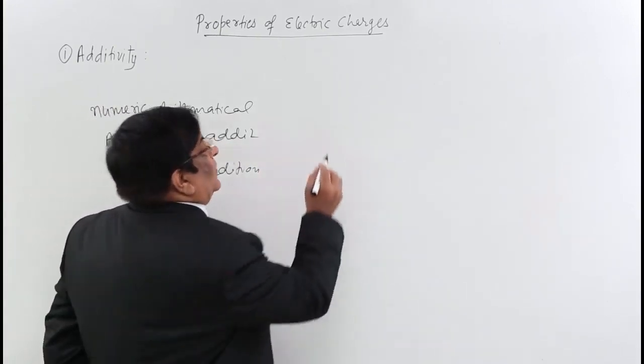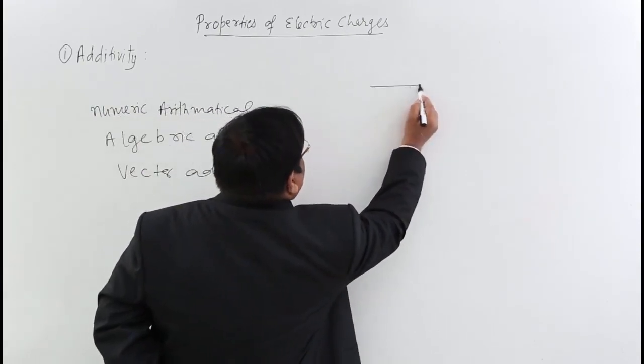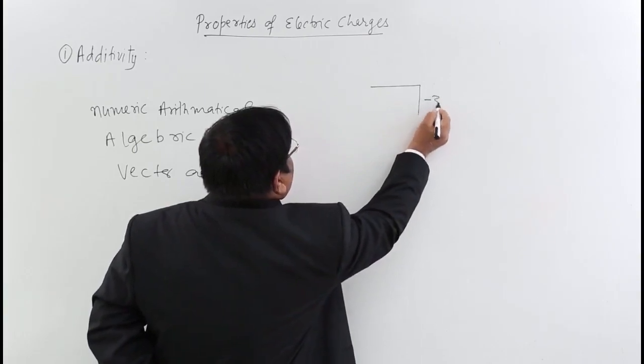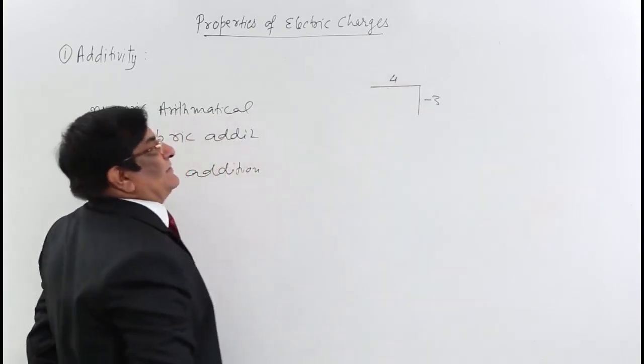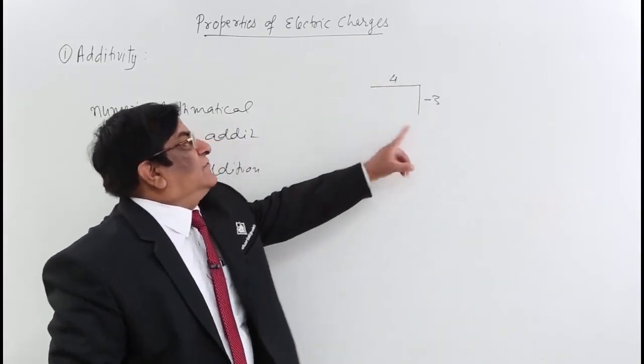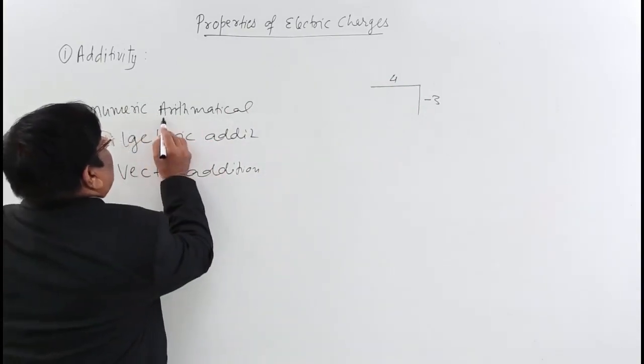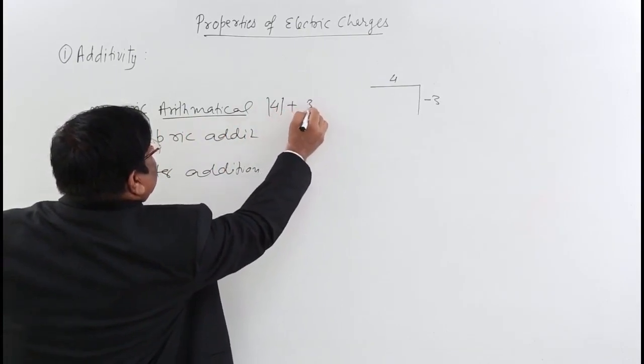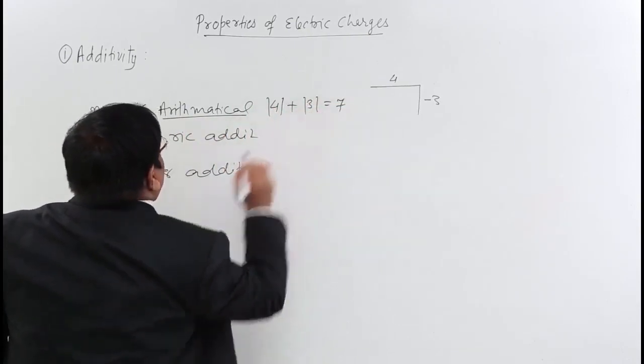If a person has gone 4 km on this side and 3 km on this side, this is the displacement. How much has he moved? If we do arithmetic addition, he has moved 4 plus 3, 7.